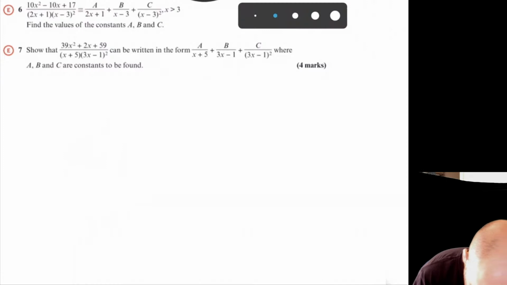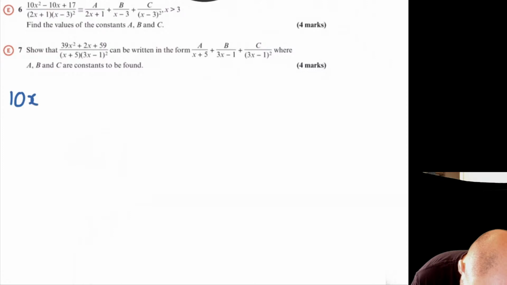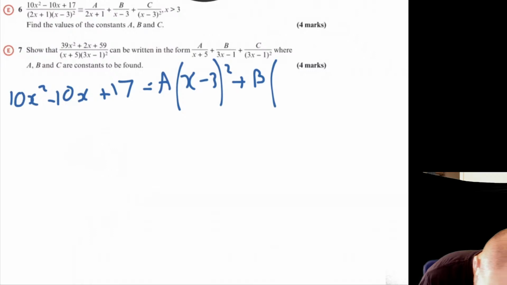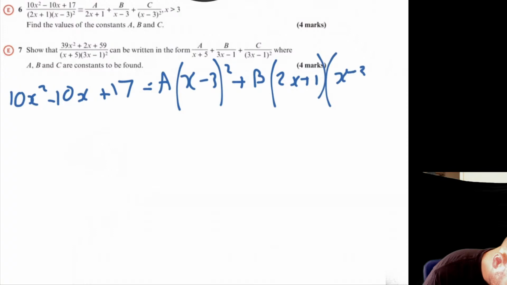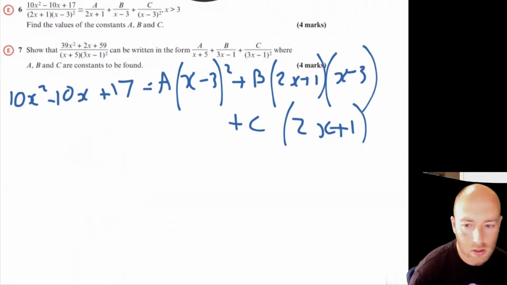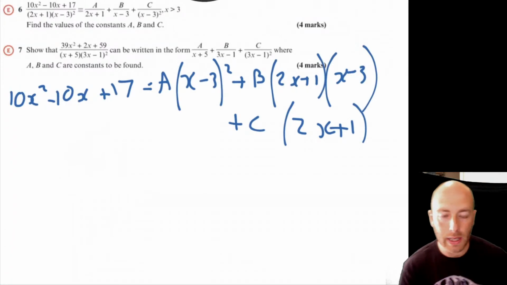Yeah, so we're going to split it up into, as they've said there, A, B, C over those fractions. So if you say 10x squared take 10x plus 17 equals A(x minus 3) squared plus B(2x plus 1)(x minus 3) plus C(2x plus 1). So that's the setup for this. So we're going to put in values 3 and minus a half.